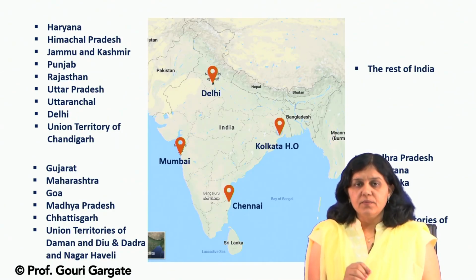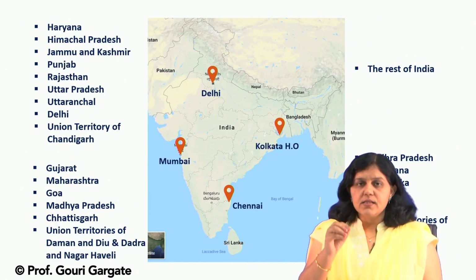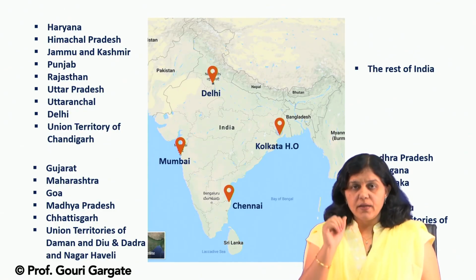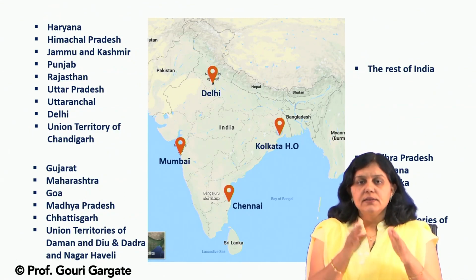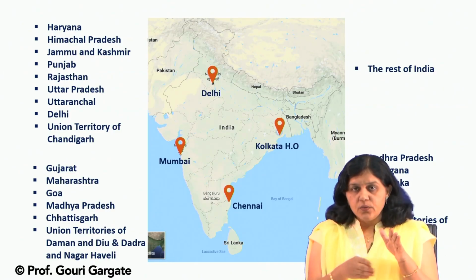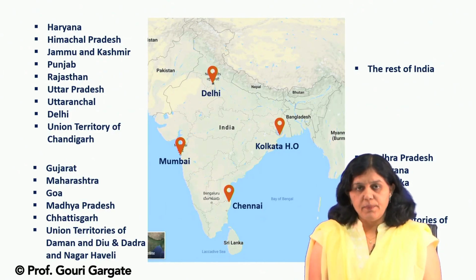So, the application number is 20183. You can easily say that this patent was filed in the Kolkata Patent Office, and it is from the rest of India, that is, the states or areas not included in these lists. All of them file their patents in the Kolkata Patent Office.